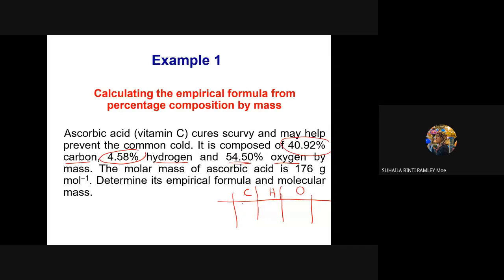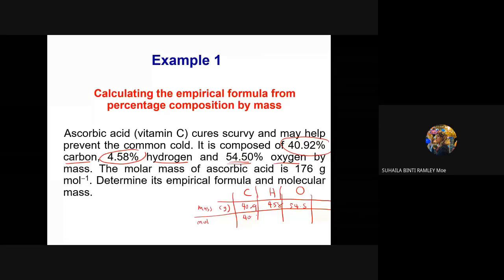So carbon tadi 40.9 gram, so ini mass in gram. Hydrogen 4.58, 54.5 gram. So next step after mass, we calculate for? Ingat? Mole. Yes, we calculate for mole.